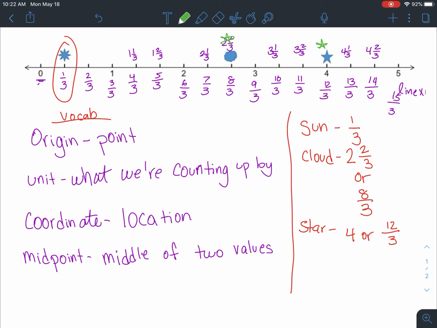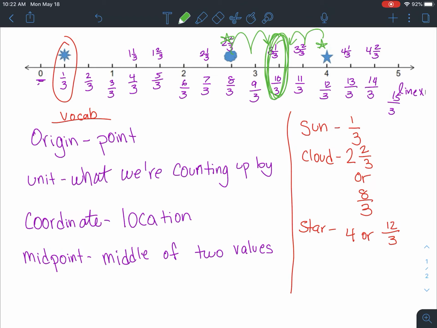It's the halfway point. When I look at the cloud and the star, I'm noticing that this would be right in the middle, right? Because they would both have to travel 1, 2, 1, 2 to get there. It's equal. It's right in half. It's the middle. The midpoint between the cloud and the star would be 3 1/3.